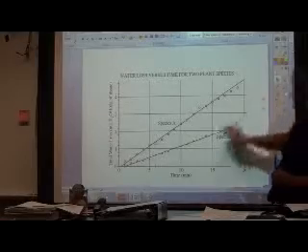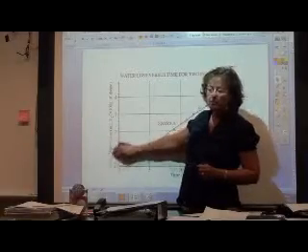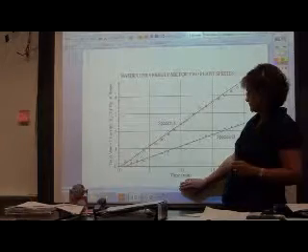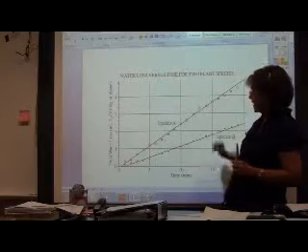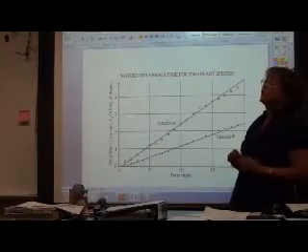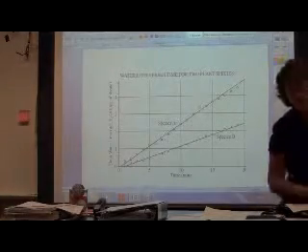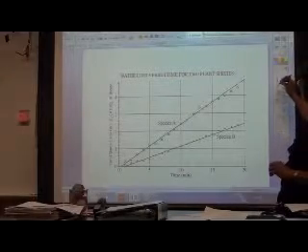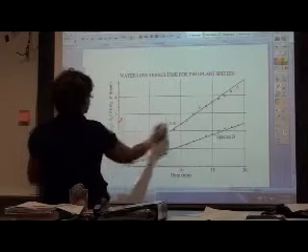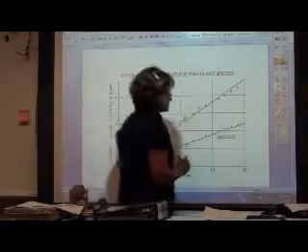So, here we have total water loss in milliliters, and time in minutes. At 10 minutes, what was the water loss rate? What does it start out at?